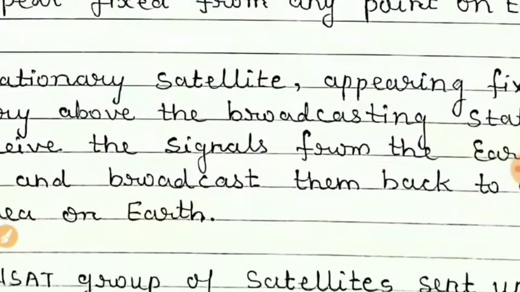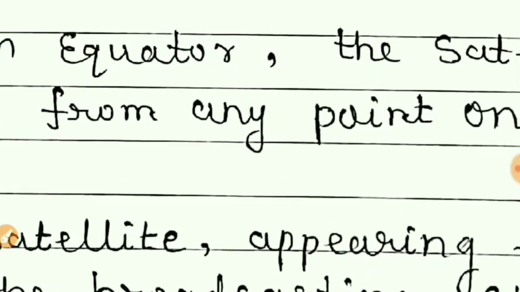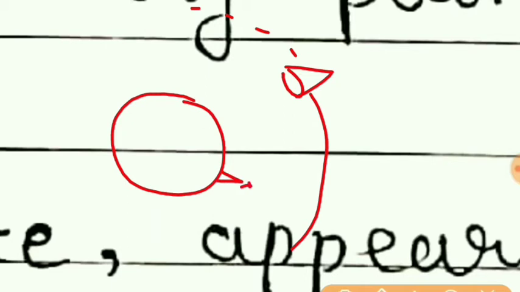So students, suppose here there is the earth and here is a satellite which is orbiting the earth. If I want to send a signal to this station from this station on the surface, first of all the signal is sent to the satellite, and that signal is bounced back after necessary modification, and it can reach the next station.